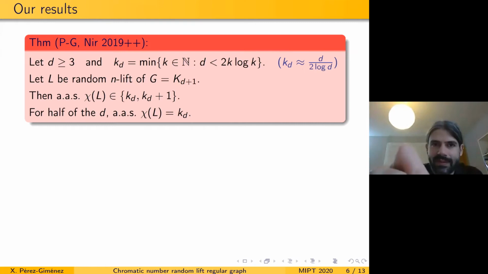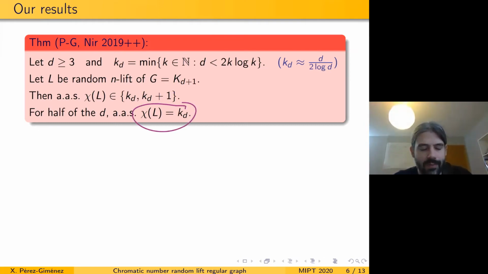So, we found an exact K such that asymptotically almost surely, the chromatic number of a random lift of K_{D+1} is one of these two values. And for roughly half of the integers D, we in fact get rid of one value and we find a one-point concentration.